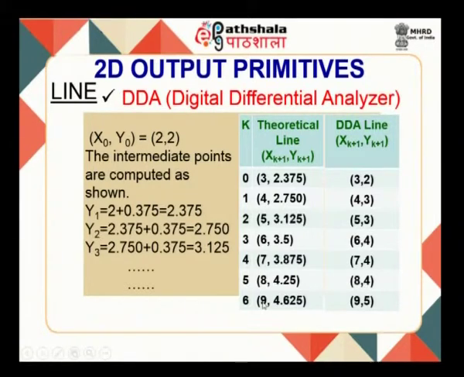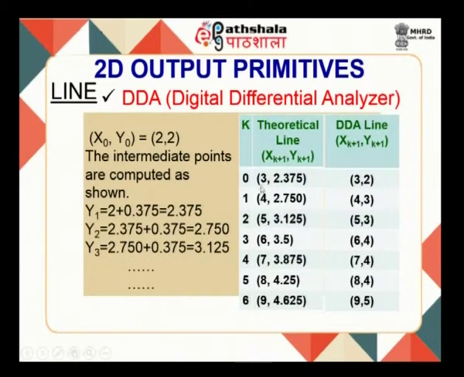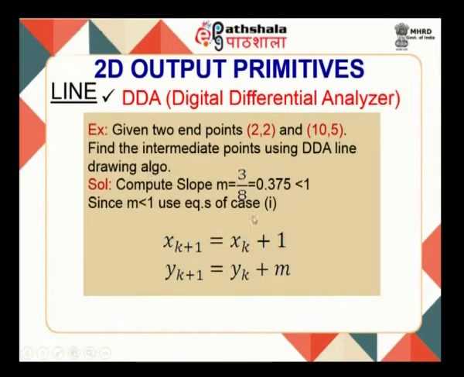We are given the points 2, 2 and 10, 5. The x coordinate varies from 2 to 10, while the y coordinate varies from 2 to 5. So the x coordinate gets incremented by 1 unit: 3, 4, 5, 6, 7, 8, 9.